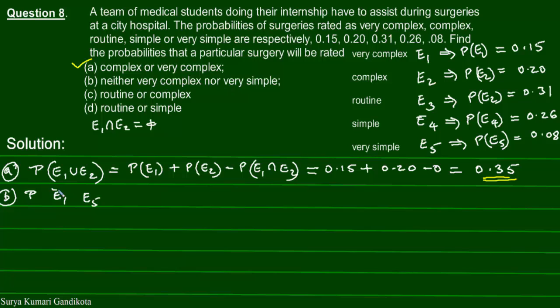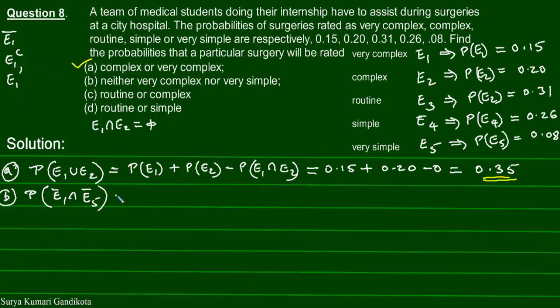That means E1 bar and E5 bar, so there should be an intersection here. So, this is what we want, P of E1 bar intersection E5 bar. This is nothing but the complement. You can write E1 complement or E1 bar. All three are the same, they mean the same.